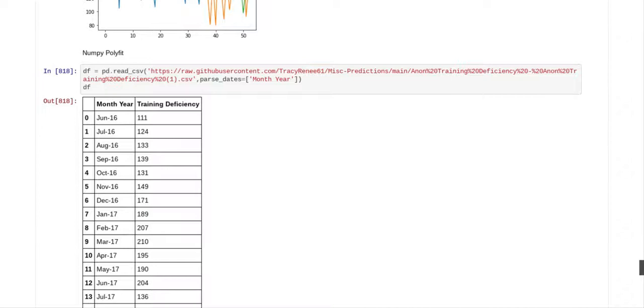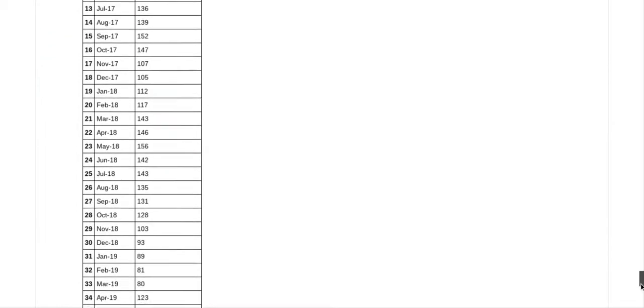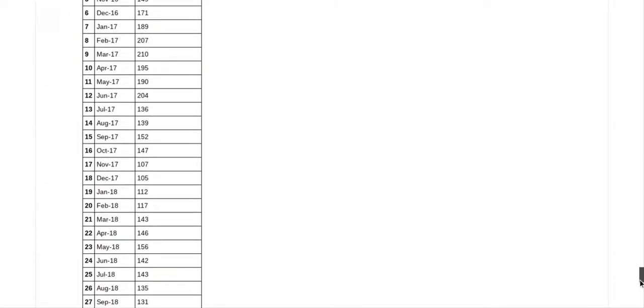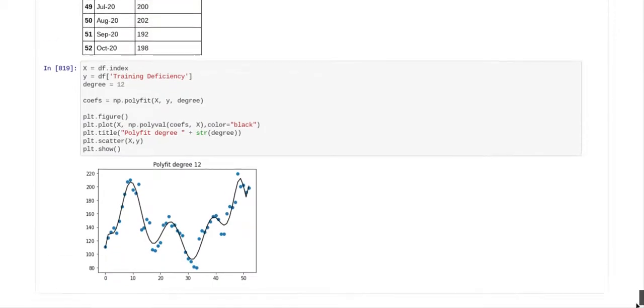In the first data frame, my index was the month and the year, but in this particular data frame, I just made an index of 0 to 52, so that gives you 53 values. And then I played around with that a little bit, and I thought that was interesting.